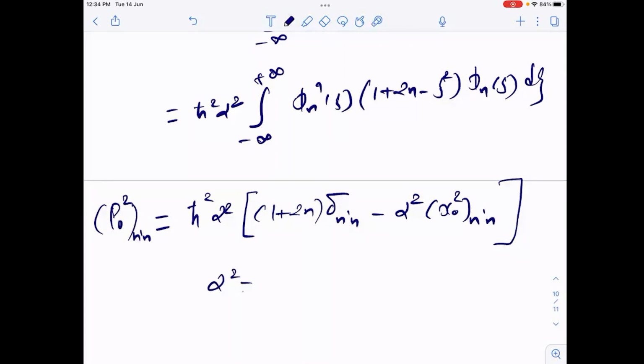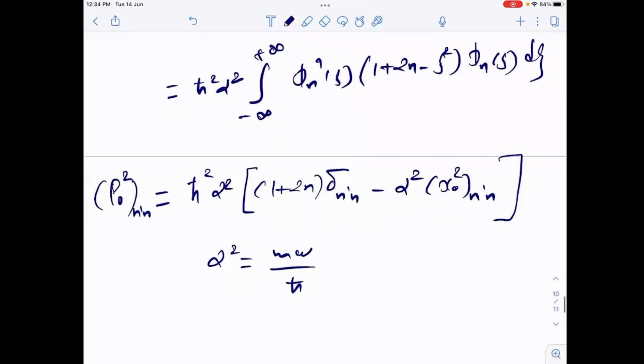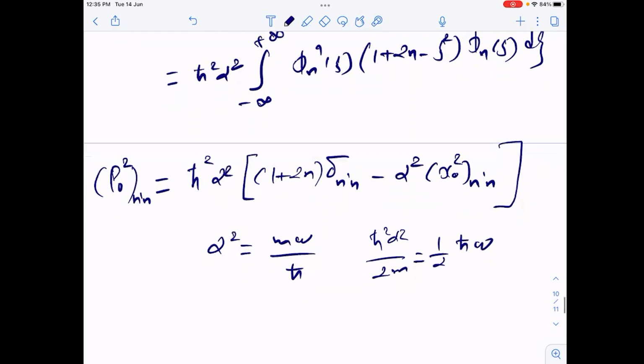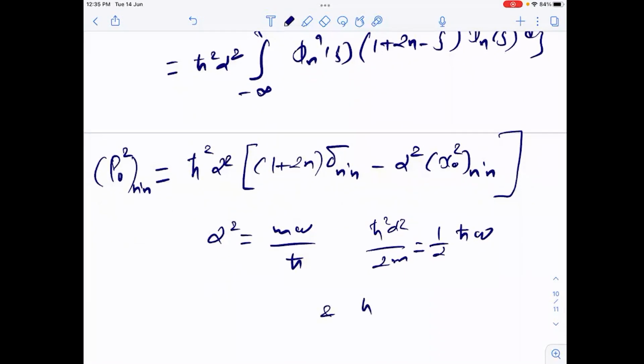Now, what is alpha square? Alpha square we know is m omega upon h cut. Fine. That means h cut square alpha square upon 2m is our half h cut omega, and h cut square alpha to the power 4 upon 2m will be half m omega square. You see the connections?